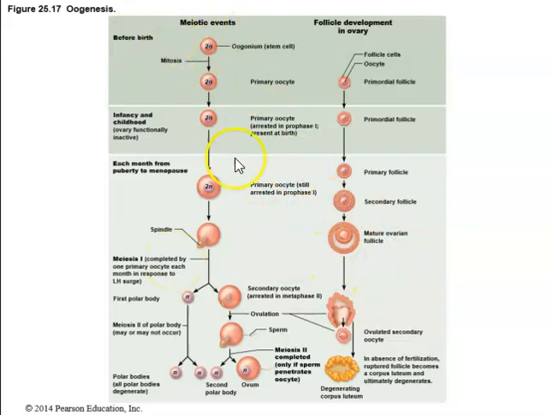And then we can see the development of the mature ova, and we know that there's only one mature egg that is ovulated, whereas the others become polar bodies. And then we see development of the follicles in the ovary, occurring in the cortex of the ovary, down to the degenerating corpus luteum.